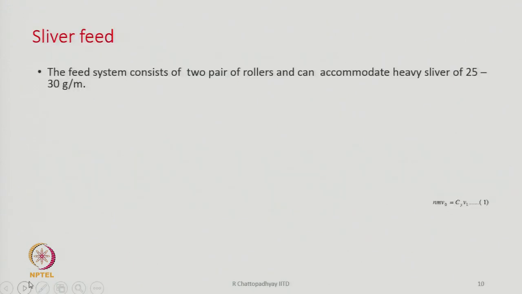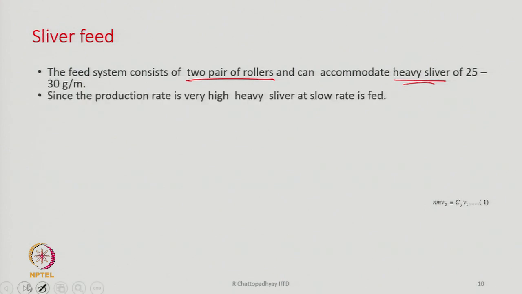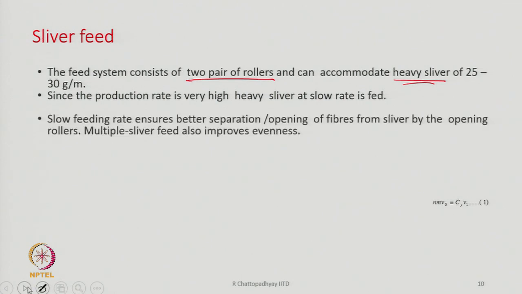So, sliver feed is a simple sliver feeding arrangement. The feed system will consist of two pairs of rollers and can accommodate heavy slivers of 25 to 30 grams per meter, that is almost 30 kilotex, for DREF 2. Since production is very high, heavy slivers at a slow rate are fed.